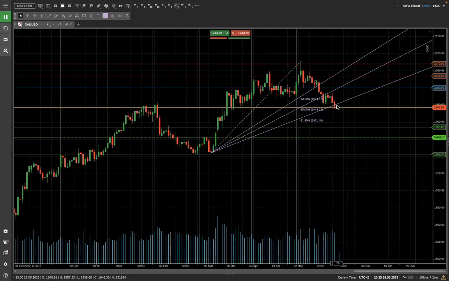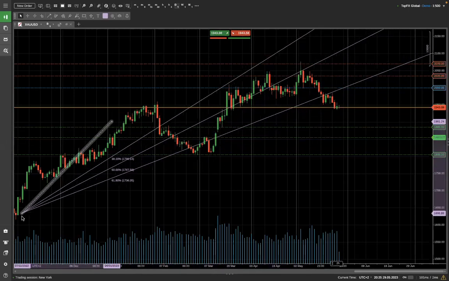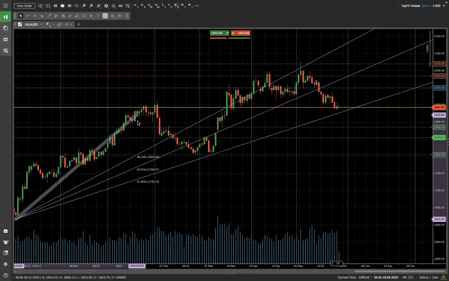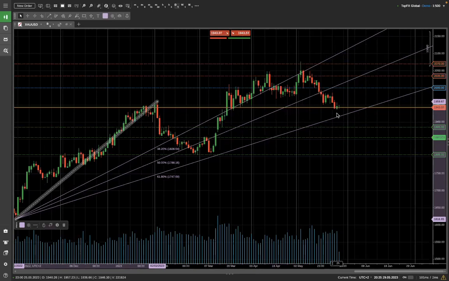So possibly we might have some sort of a shot to the downside towards this lower trend line. Oh, I'll move it again. Towards the 61% lower Fibonacci fan line, somewhere here, and then maybe if supports hold, we might have a very nice bounce on the gold.